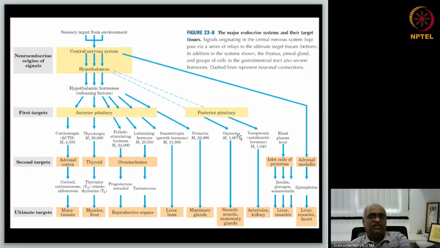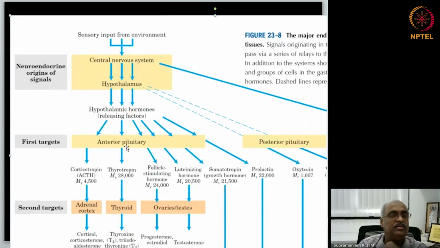For example, we talked about hormones. I'm looking for the thyrotropin releasing hormone in this. For example, thyrotropin. Let me blow it up big. Thyrotropin is produced by the anterior pituitary. That goes and stimulates the thyroid to produce thyroxine.